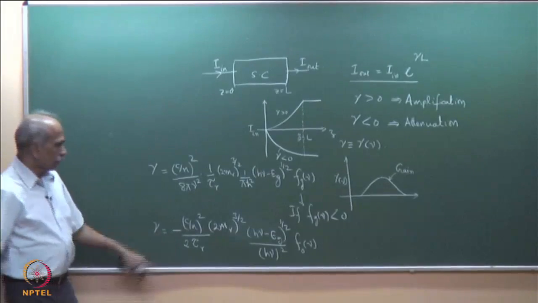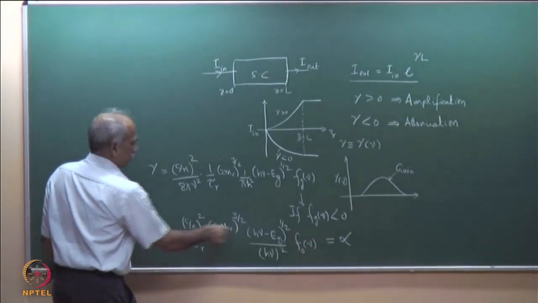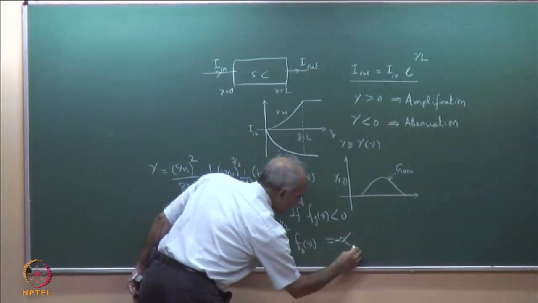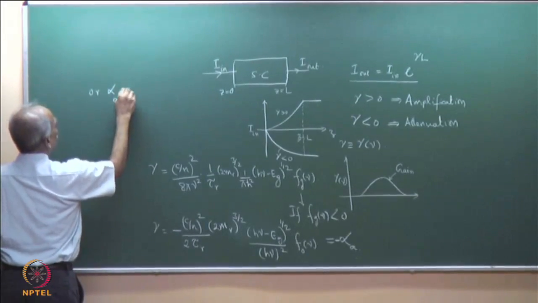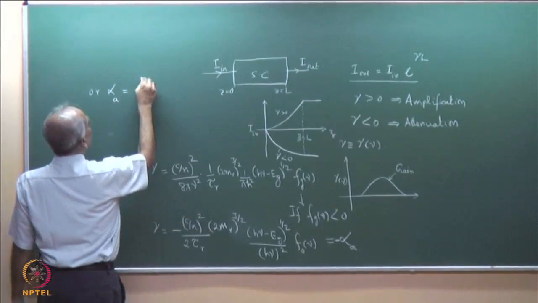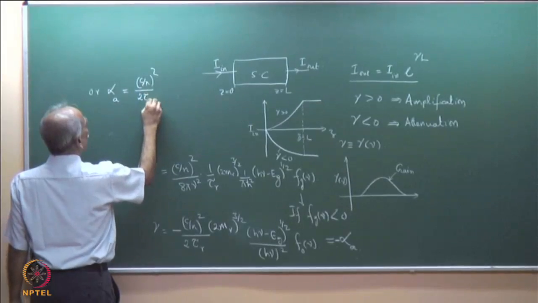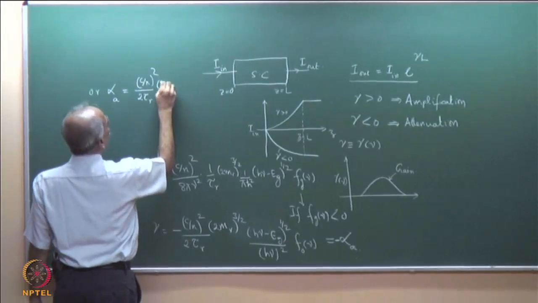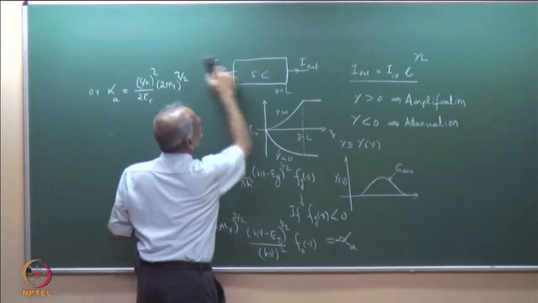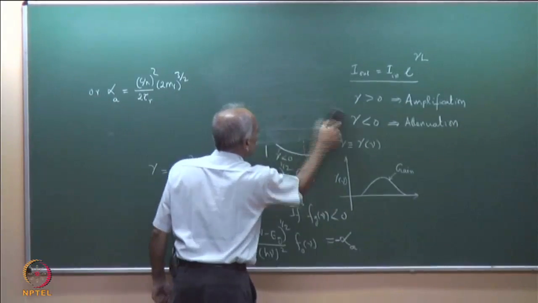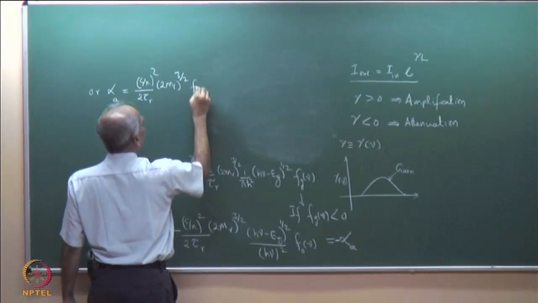Sign I have kept here, and then I want to call this as equal to alpha a minus this quantity equal to minus alpha a, or alpha a is equal to C by n square whole square. Let me write again, into twice tau r, 2 m r to the power 3 by 2 into f 0 of nu.